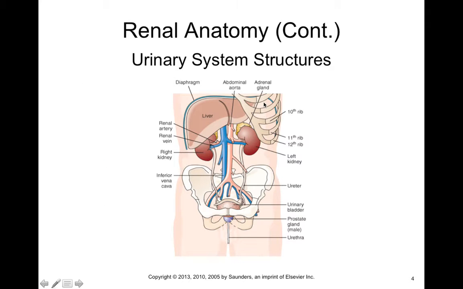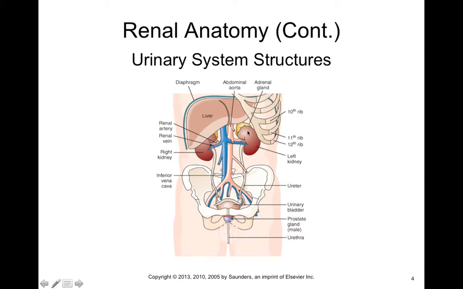Now, looking at a view of the abdominal cavity, what we see here is we've got two kidneys on either side, just inferior to the liver and posterior to structures like the stomach, pancreas, and other intestines. Each kidney is served by a renal artery, which comes off of the abdominal aorta, and then is drained by a renal vein, which goes into the inferior vena cava here.